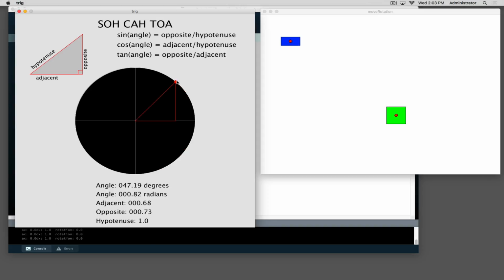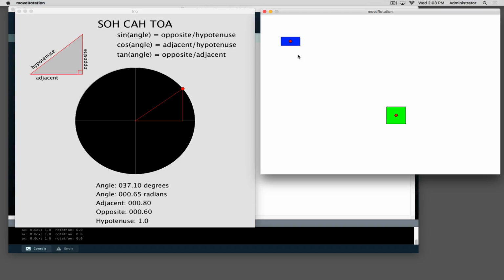If I look at this red dot here, and if I imagine that is going to be my player, and it's moving off in a particular angle or direction. Got a little chase action going here.